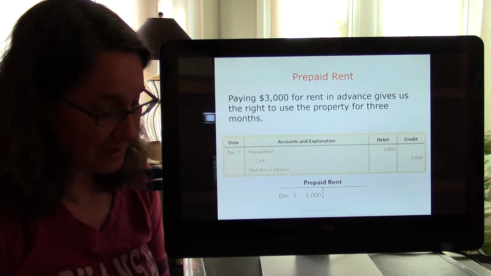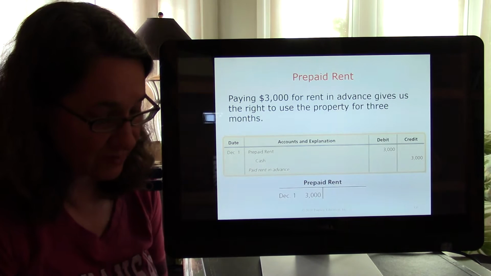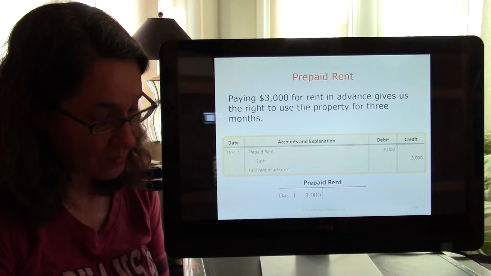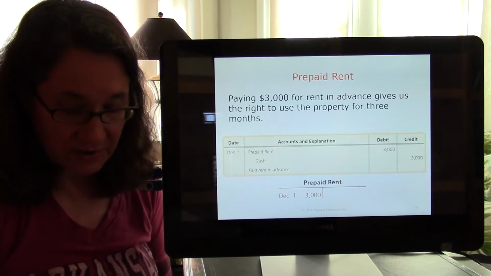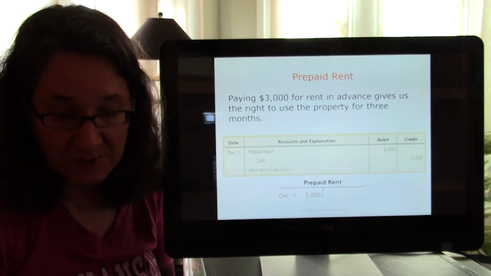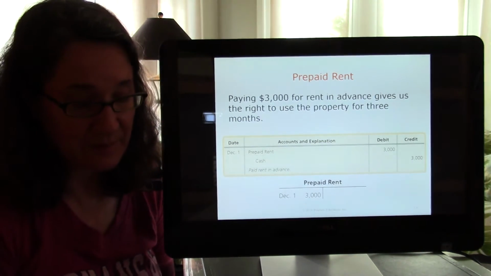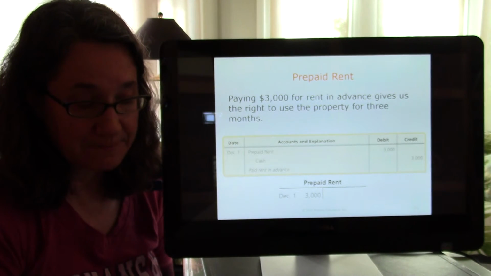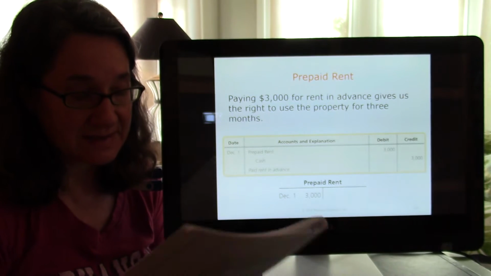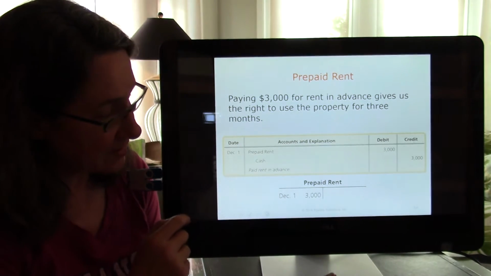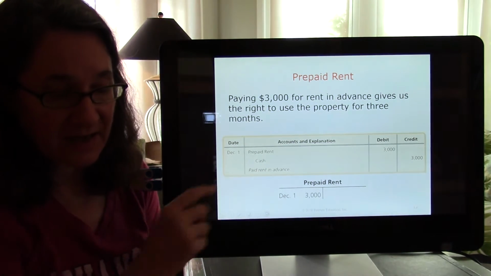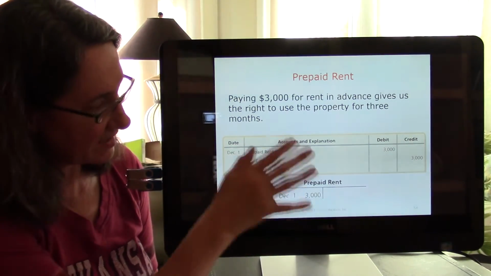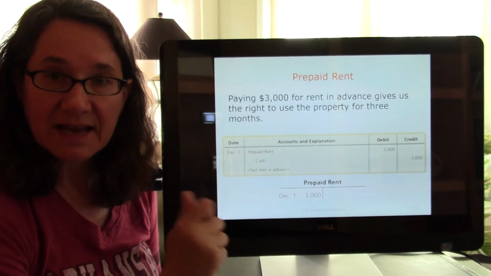Back in transaction 10 in chapter 2, you may recall that Smart Touch Learning prepaid 3 months of the lease on its building, paying $3,000, or $1,000 per month. The initial entry required a debit to prepaid rent and a credit to cash. So up front, this is not the adjusting entry. This is when the cash changed hands.